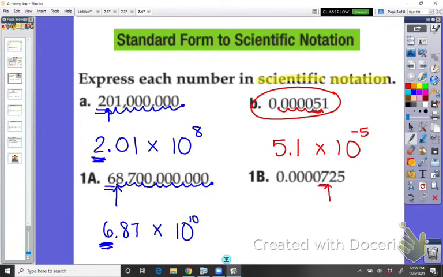So I want it to be 7.25 times 10 to the 1, 2, 3, 4, 5. And again, that's negative. It's smaller than 1. So again, 5.1, 7.25 only has one non-zero digit to the left of the decimal point times the power of 10.